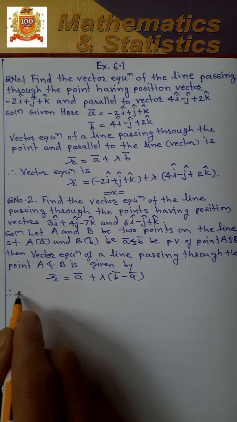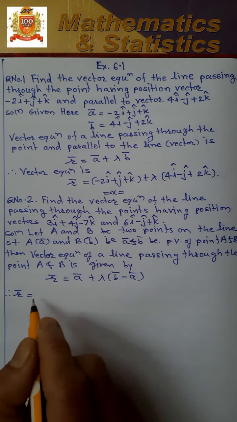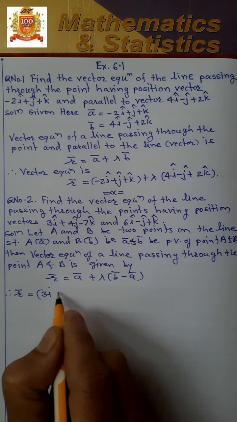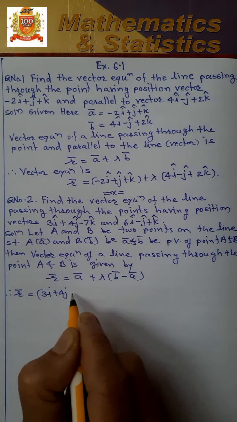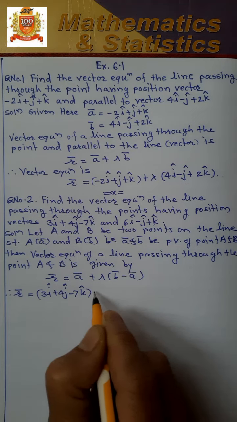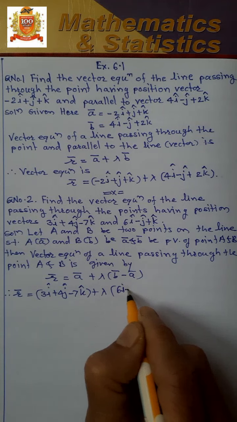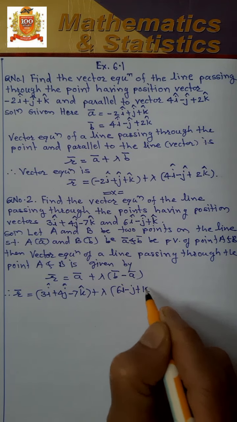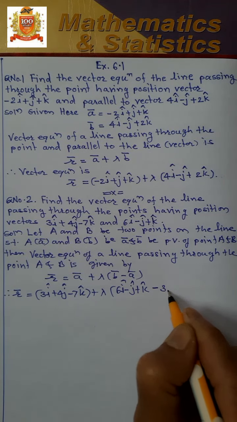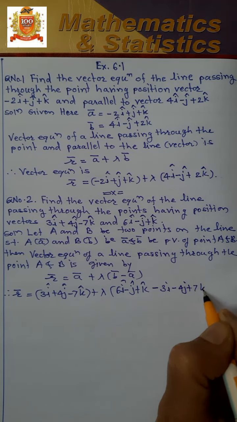Therefore, r bar is equal to 3i plus 4j minus 7k plus lambda in bracket 6i minus j plus k minus 3i minus 4j plus 7k.